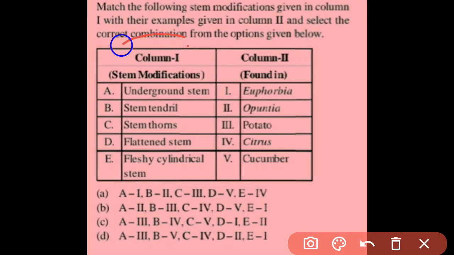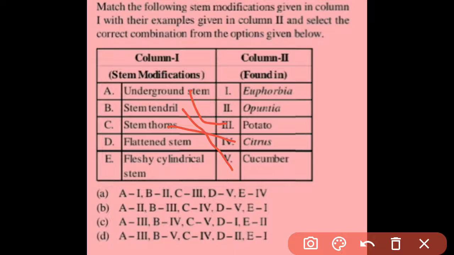Question is, we have to match stem modification with examples where it can be found. Let's check. Underground stem is basically potato, so option third. Second is stem tendril, which is found in cucumber. Option C is stem thorns, which are basically found in citrus. And the option D is flattened stem.